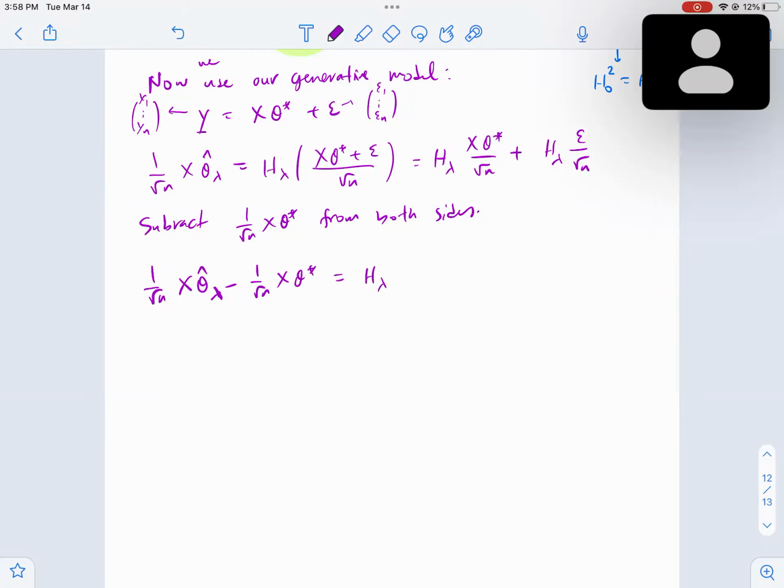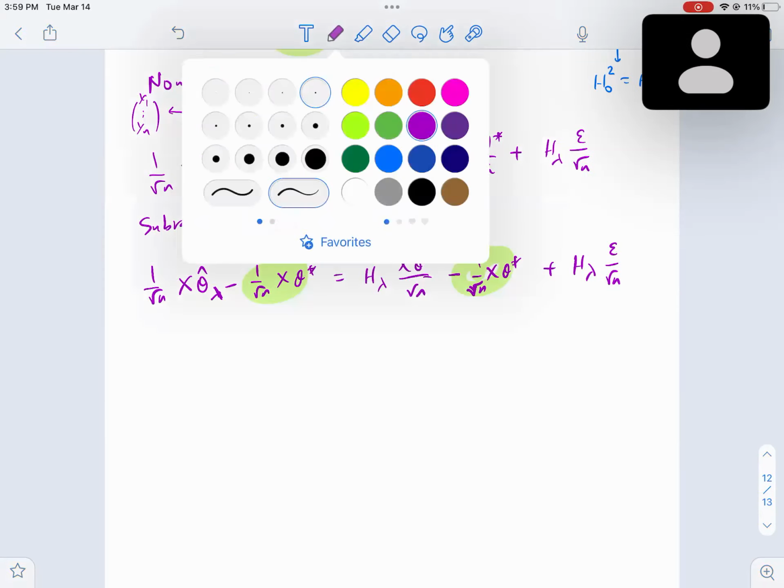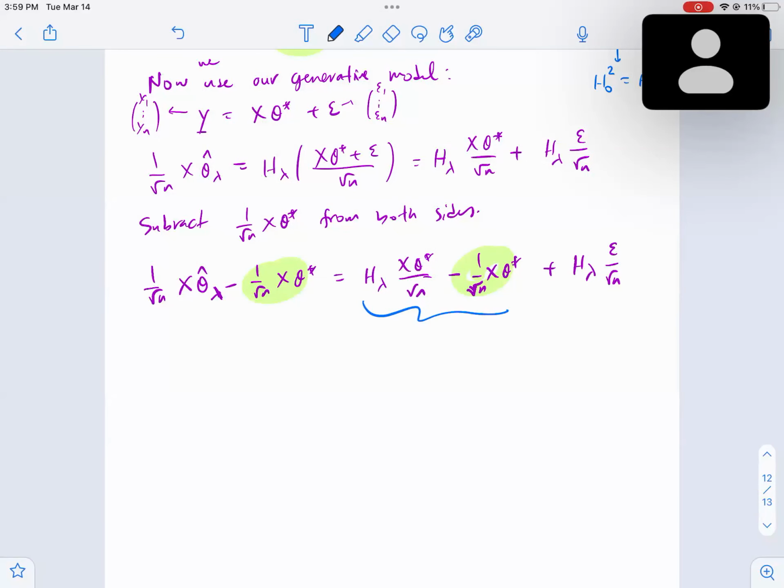The other side would be h lambda x theta star over root n, and I'm going to put minus 1 over root n x theta star here, plus h lambda epsilon over root n. So I just added this to both sides. Now I'm going to combine these two terms. I get I minus h lambda times x theta star over root n. And here I would get 1 over root n x theta hat lambda minus theta star. And then I have the other noise term.